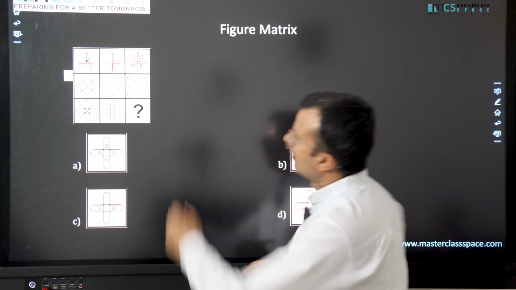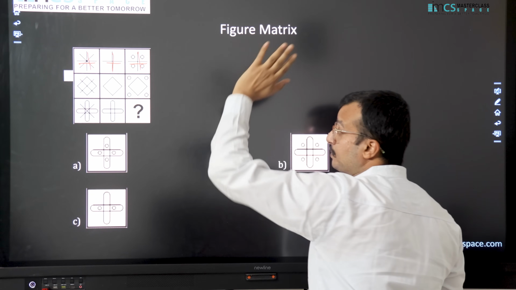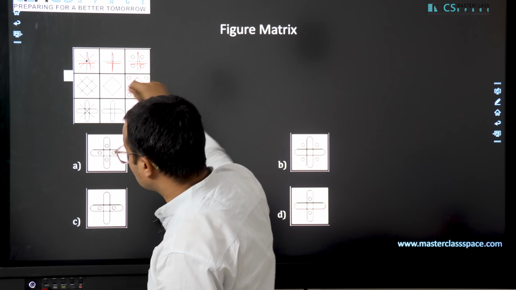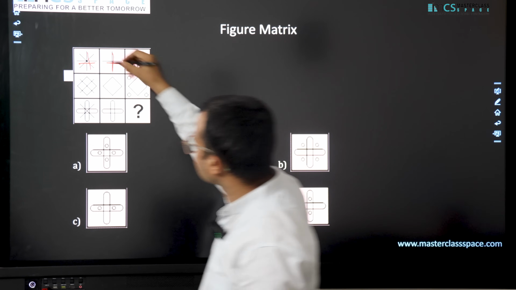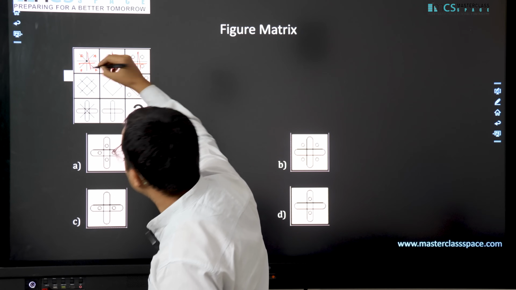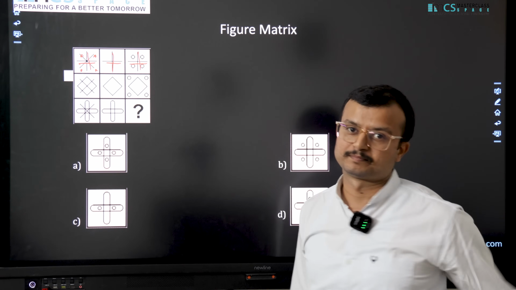The common portion of first figure and the second figure is preserved in the third figure. What was not common? This cross was not common, but you can't see a cross here. What you can see? The end points of that cross. The end points of that cross, they were added in the final figure.